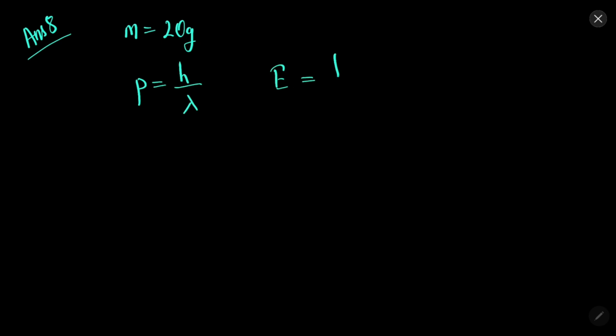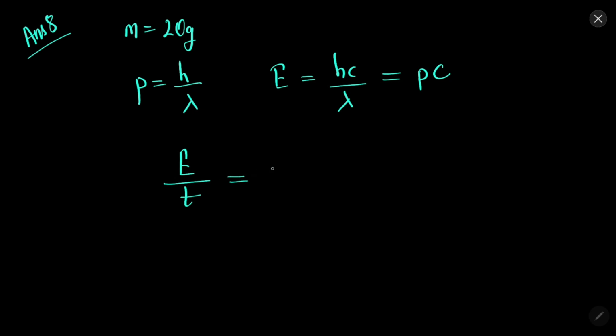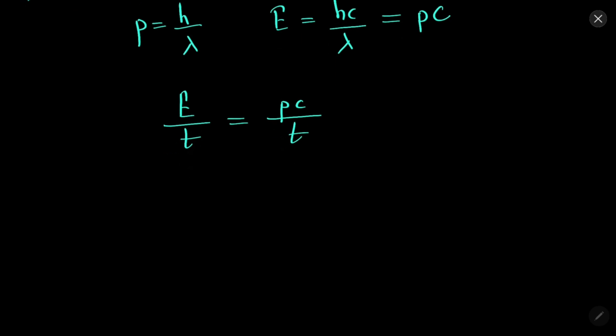So now mass is 20 gram. Now the weight of the mirror has to be balanced by the force exerted by the photons. So we know that momentum is h over lambda, energy will be hc over lambda, or it can be momentum into speed of light, and energy over time is the power, which will be momentum into speed of light over time.